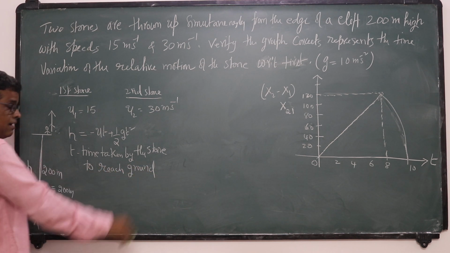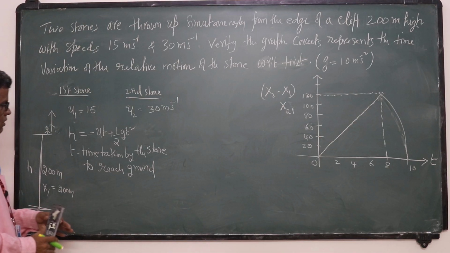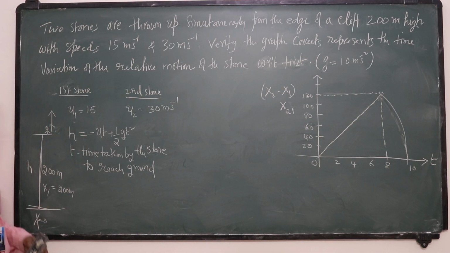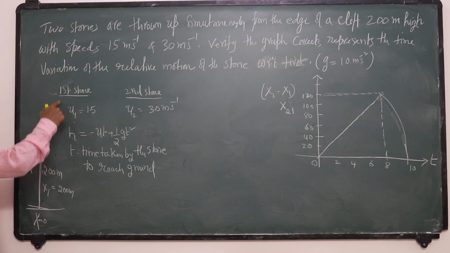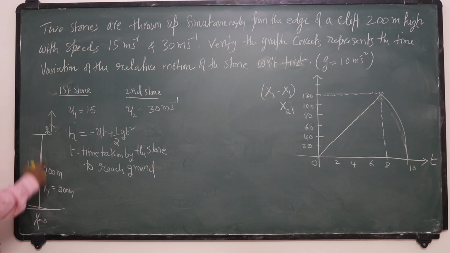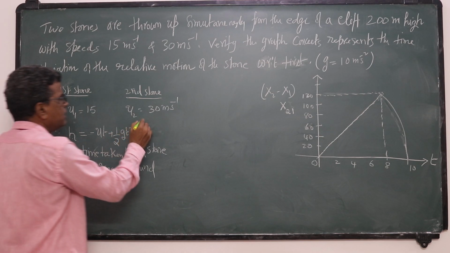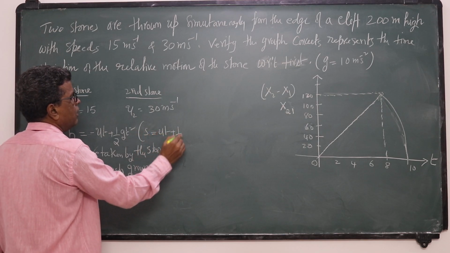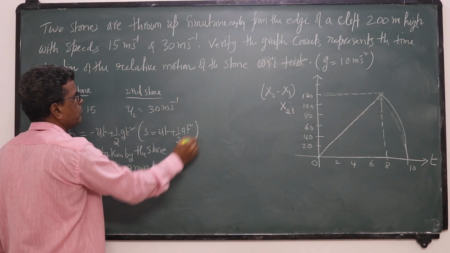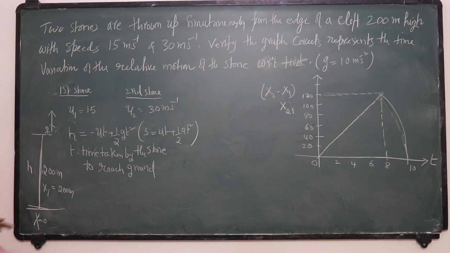As I explained earlier, I am using this height of the tower formula here. From here the stone is projected and it reaches the ground, so the displacement is minus h. How did you get this one? By applying s is equal to ut plus half at square. By applying this you will get this. Let us see how. Once again I will explain.